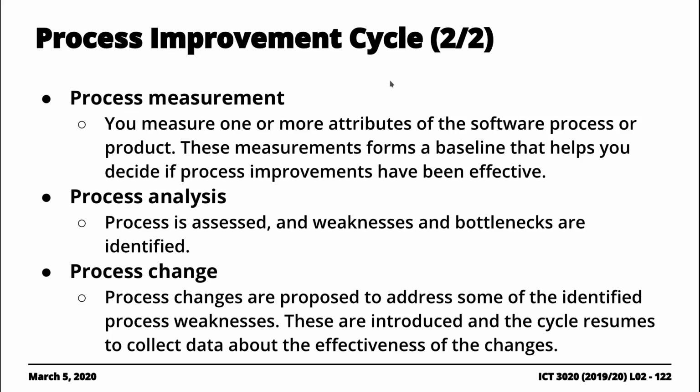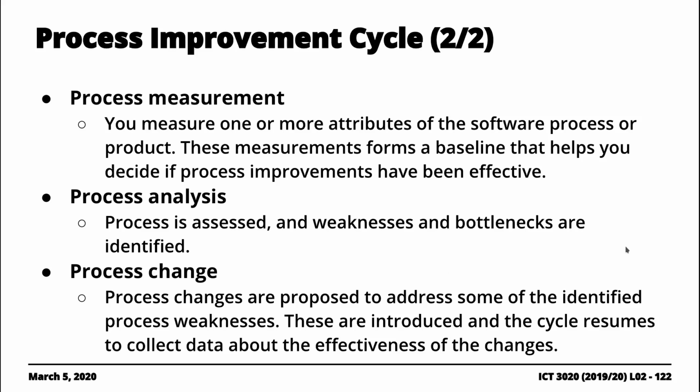So when it comes to process measurement, what you're doing really is identifying indicators or attributes associated with the software processes or the product, and you use those attributes to actually measure how well you are improving the overall software processes.